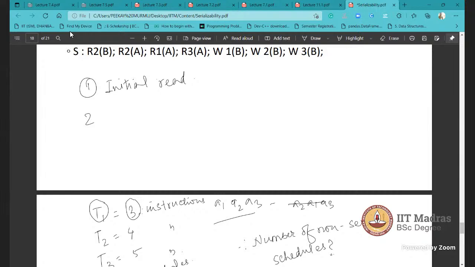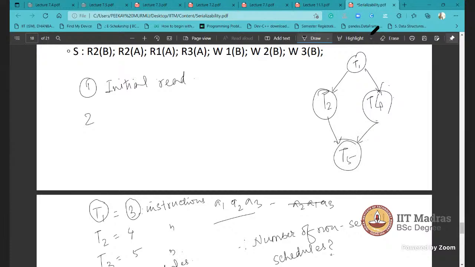So you know how to find the serializability order. Can anyone tell? Yes sir, we can use topological sort to find the serializability order. We first go for T1, whose in-degree is 0. So we remove T1. Then we can choose from T2 or T4.